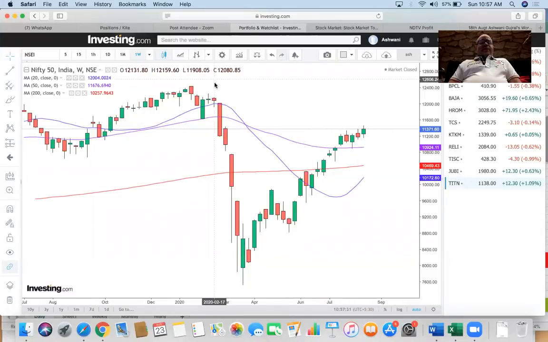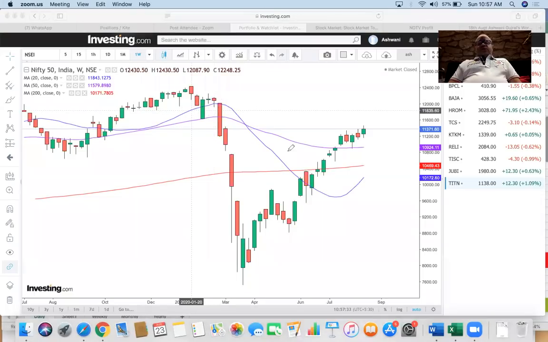Let me draw and show you. So this is a 4-bar consolidation on the weekly. So for everybody who wants to do a swing trade, and we'll come back to day trading, let's first talk about the swing trader.